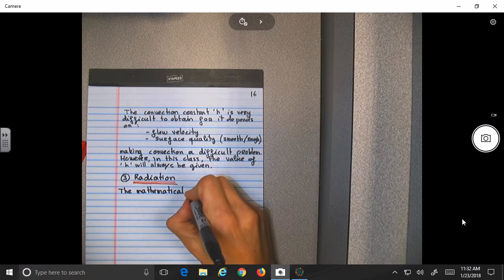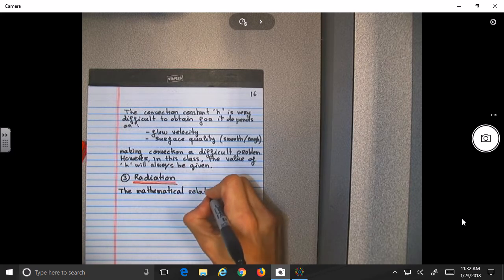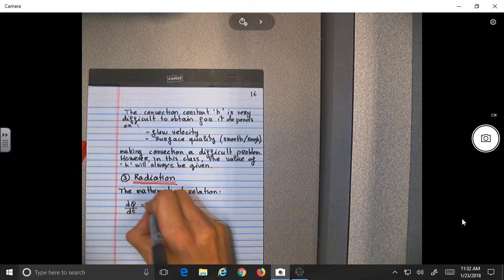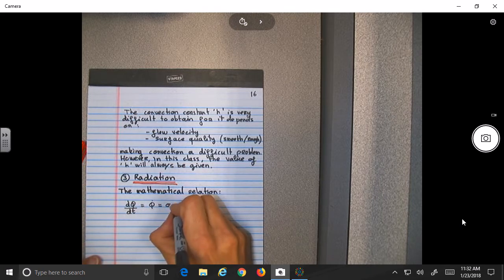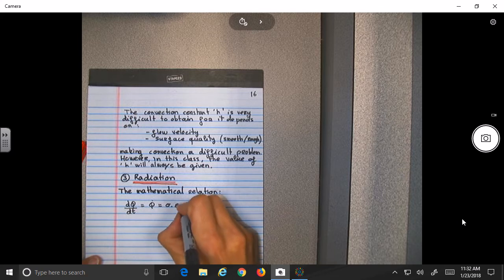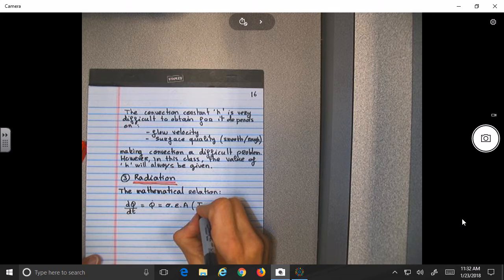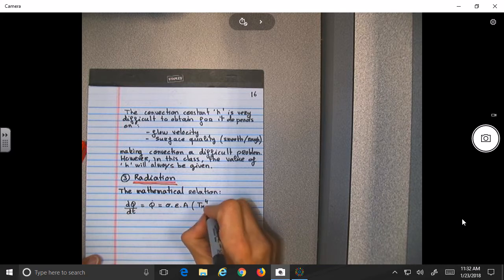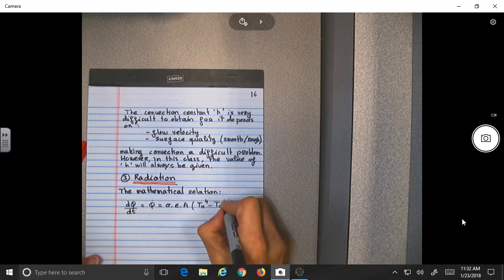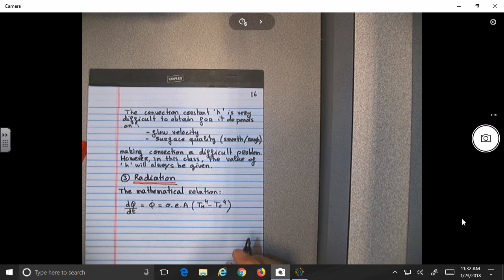Relation would be what? dQ/dt equal to A sigma epsilon A, T hot to the fourth minus T cold to the fourth.